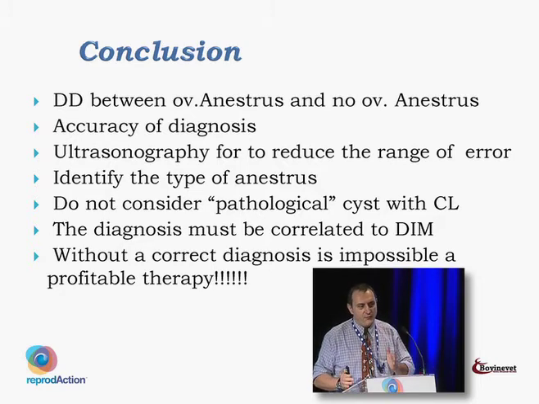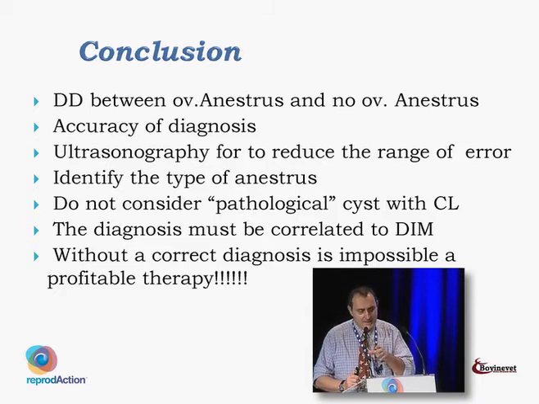I believe that it's time to understand that ultrasonography could help us not only for anaestrus diagnosis, but also to increase the quality of our evaluation of ovary and uterus physiopathology, and not only to start an early pregnancy check from 35 to 30 or from 30 to 25. This is a very big limitation of this fantastic technique. I believe that we are looking only at the tip of the iceberg and the opportunity that we can discover if we apply this technique not only for pregnancy check or for fetal sex, but for ovary and uterus physiopathology.